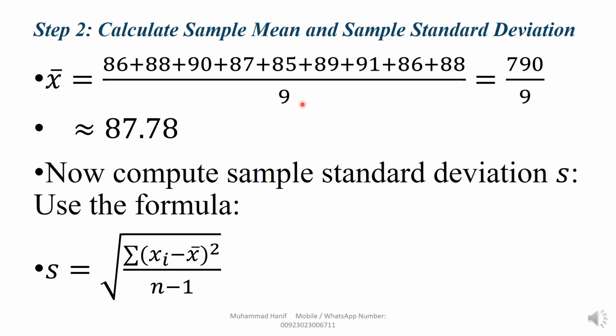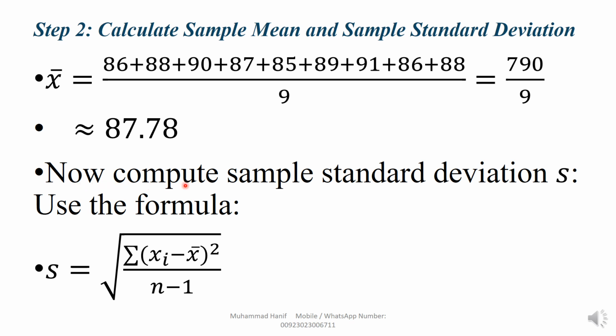Then we divide the sum by the total quantity. Now 790 divided by 9, we get 87.78.